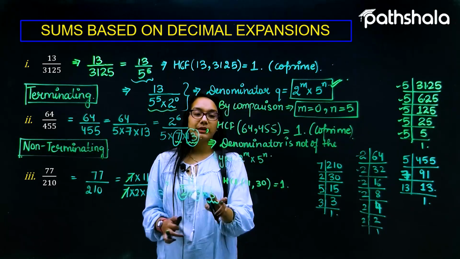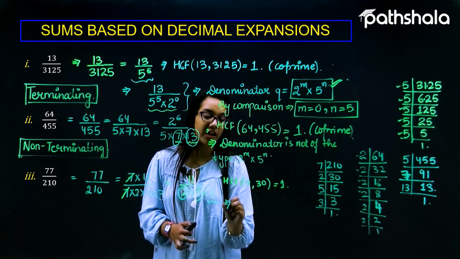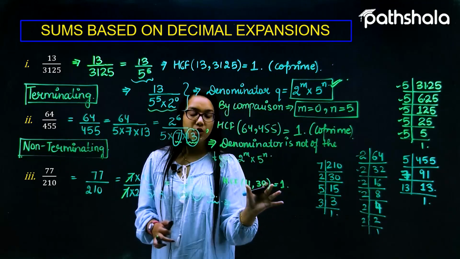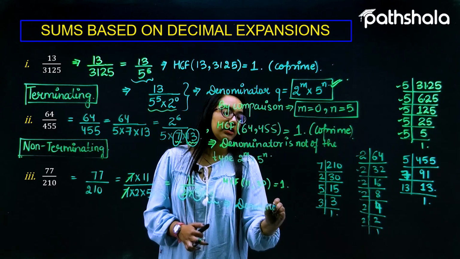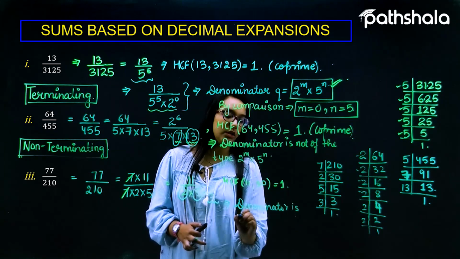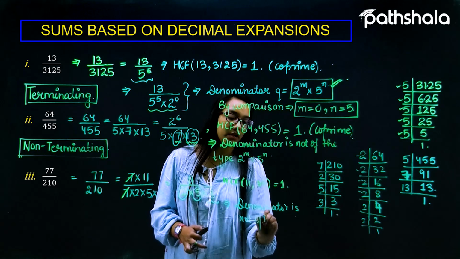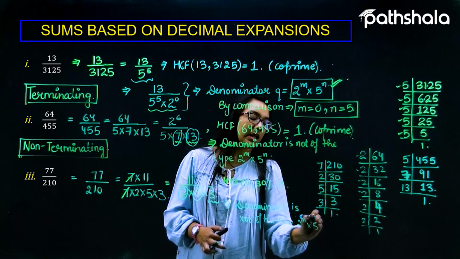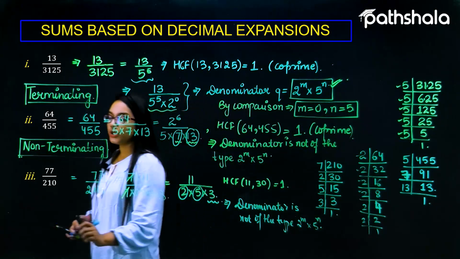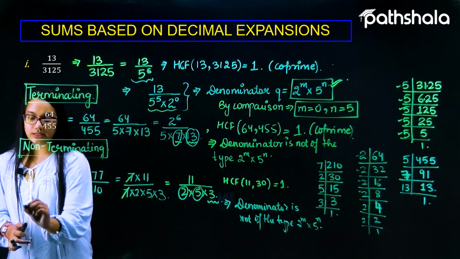It means that the denominator over here is not of that type. Hence it is non-terminating.